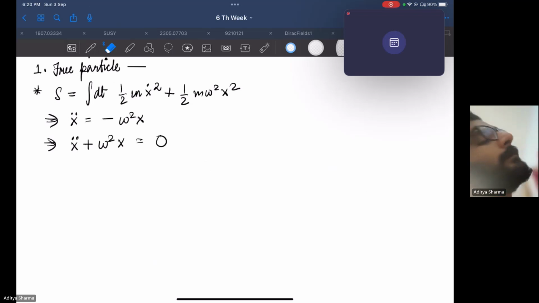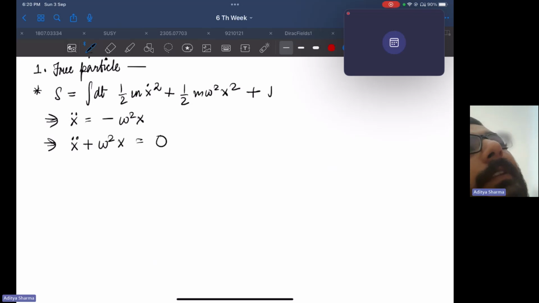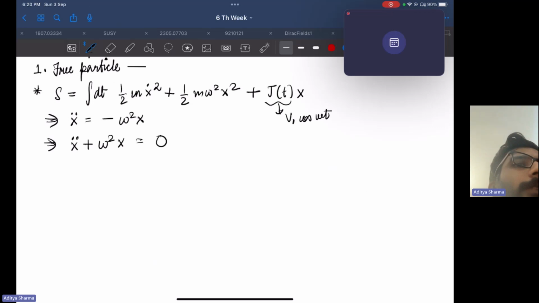But now, if we have something which is say J of t times x. This is like a forced harmonic oscillator, where J of t would be something like J naught cos omega t, and we would be doing a method of such kind only.